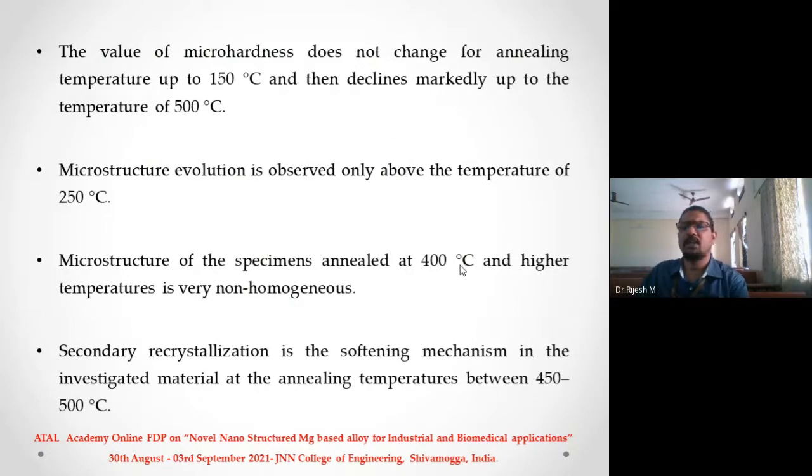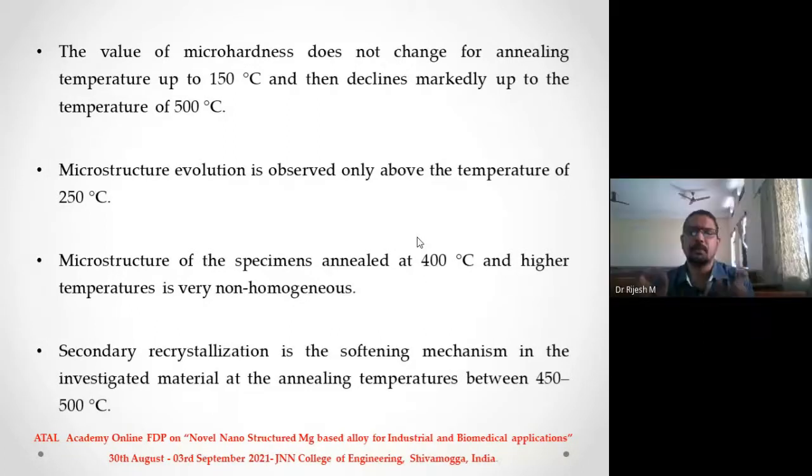And if you look at 400 and above, they are very much non-homogeneous. So in this particular case, we call it secondary recrystallization. That is another problem we have here. Recrystallization happens when you have a stored energy. When you have stored energy of cold work and you are providing certain temperatures, all the deformed grains will turn out to be new strain-free grains.